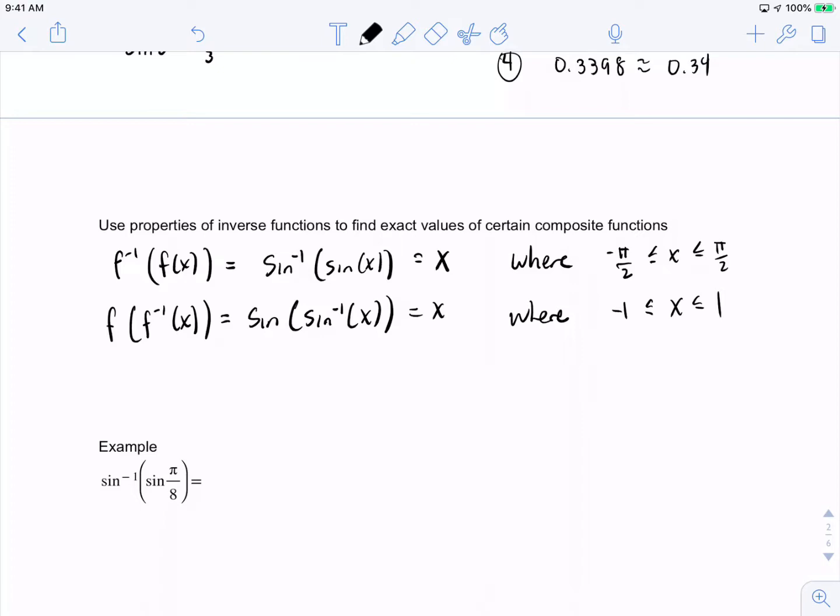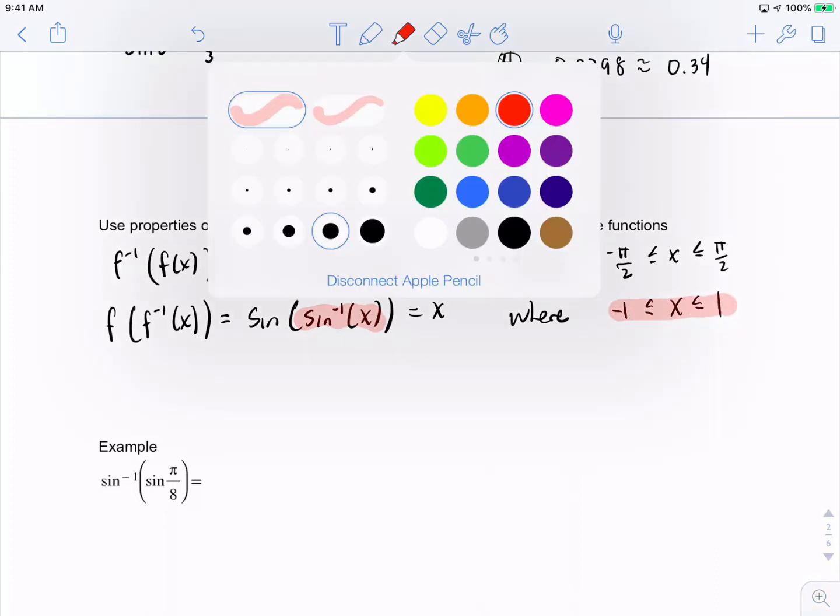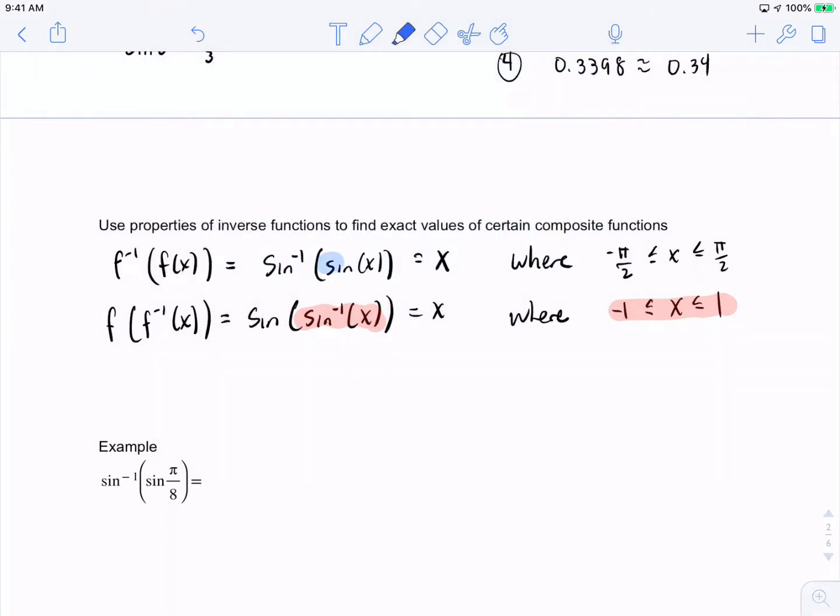So those are some of the properties that you need to know and remember. Notice that when sine inverse is inside the parentheses like this, our restriction is between negative 1 and 1. And when we have sine on the inside of the parentheses, our restriction is from negative pi over 2 to pi over 2. Okay.